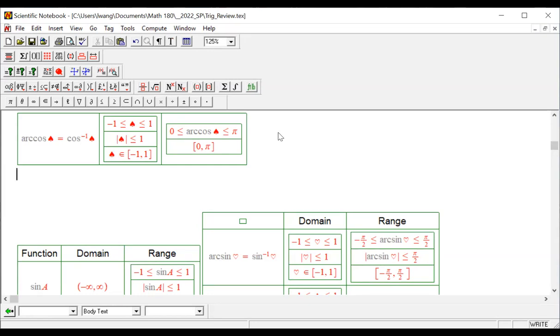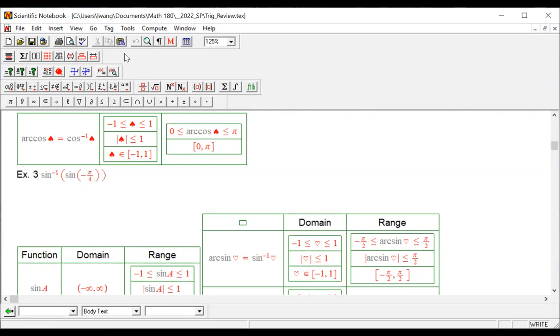So example number 3 we're going to work with is arc sine of sine of negative pi over 4.